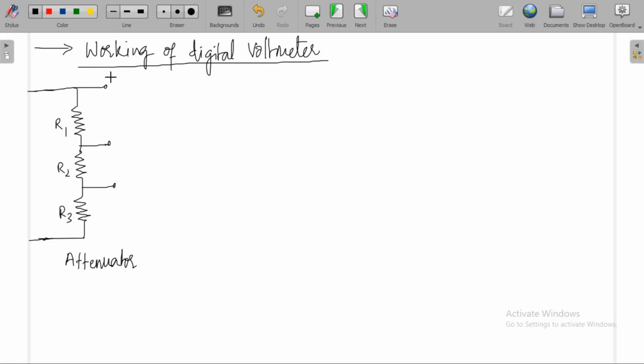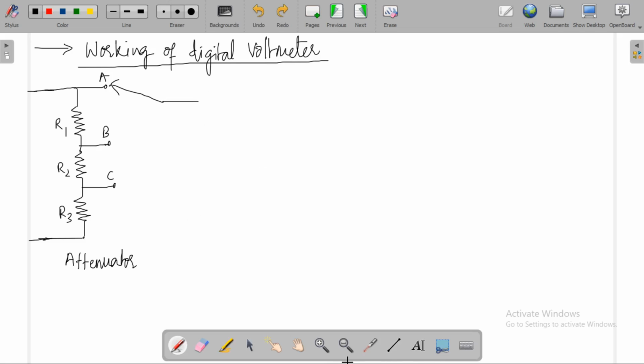We're going to have 3 points: point A, point B, and point C. We're going to have switch. This is connected to this.